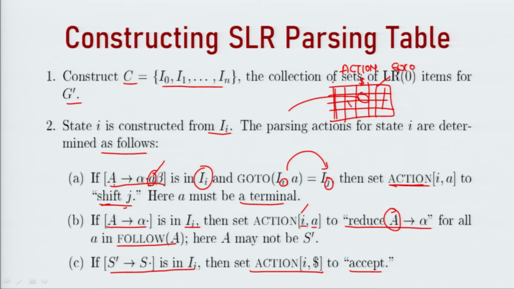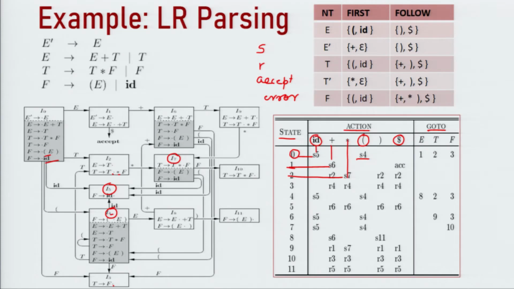So, we will find those items, and in this particular cell, I comma A, where A is in the follow set, we will write reduce using a particular production. Here we will write the production number.